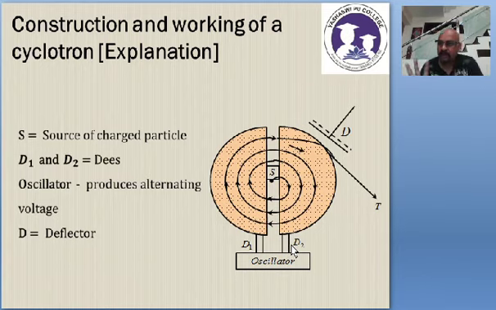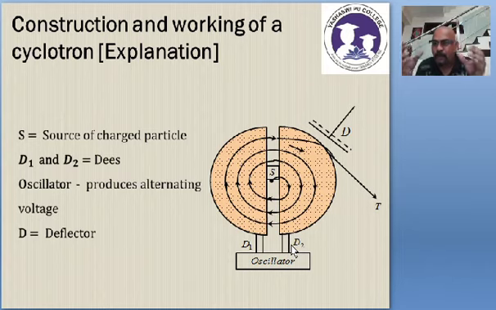Imagine your tiffin box, a circular shaped tiffin box without breakfast in it, empty. You cut that exactly through the center.